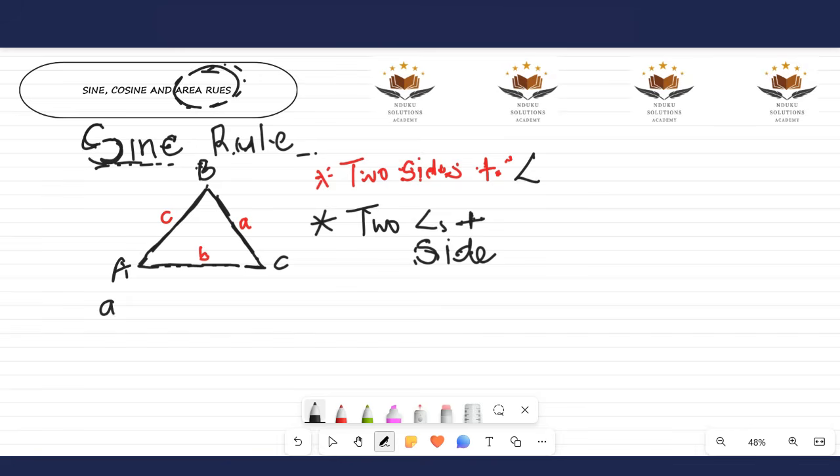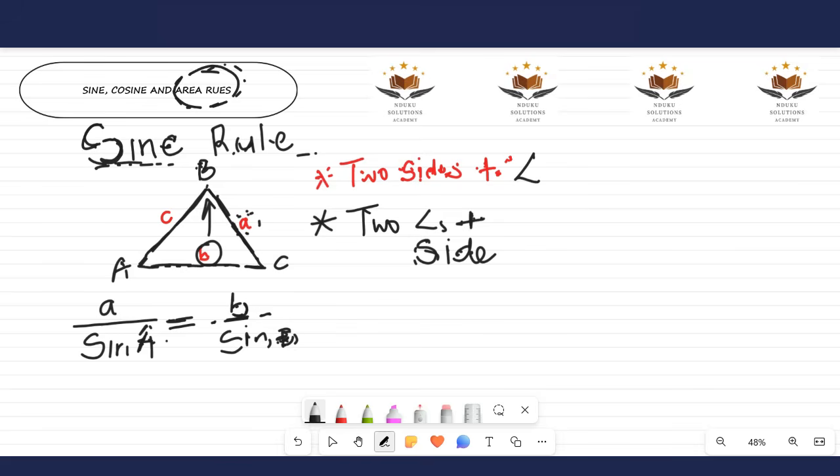So you will say a over the sine of its opposite angle A must be equal to b, which is a side, its opposite angle will be here, and then the sine of B.